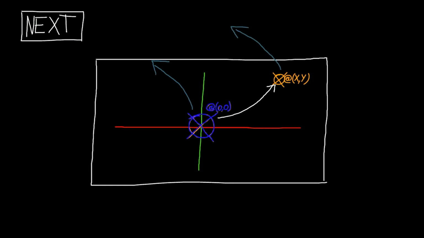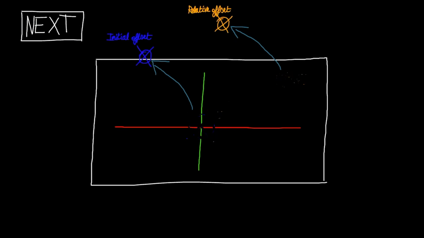But the next time we move things around, the blue lines will get their initial offset, while the orange lines will get their relative offset relative to their previous location. So that again, we can clear up some space near the origin to be able to add future lines.